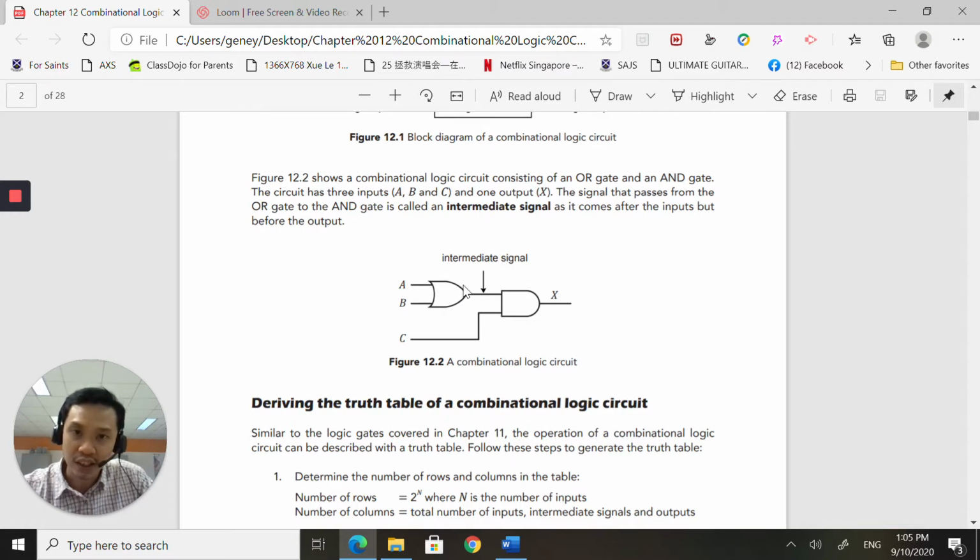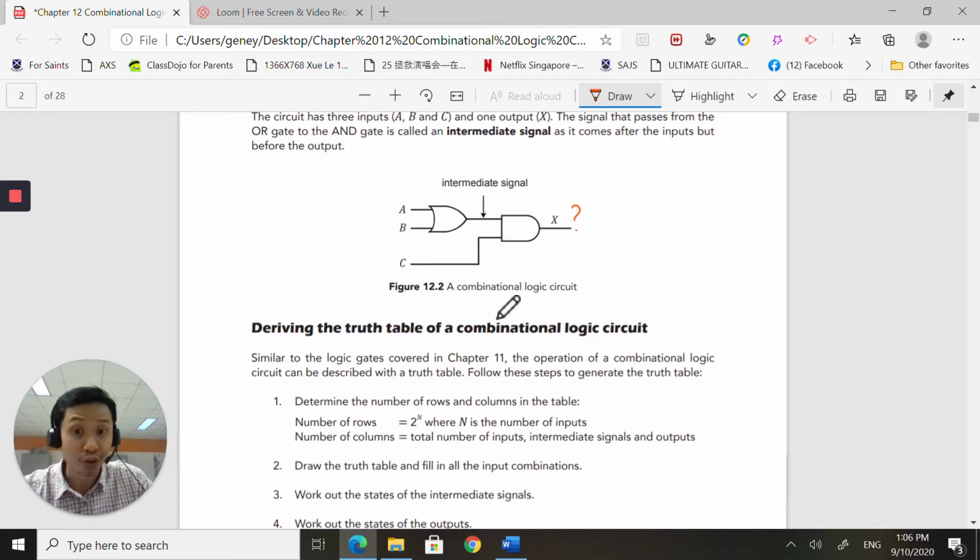So this is a combined logic circuit, right? We have two different kinds of gates. We want to find out what is the output X here. So what we need to do is come up with the intermediate signal here before we can come up with X. So we want to take it one gate at a time.